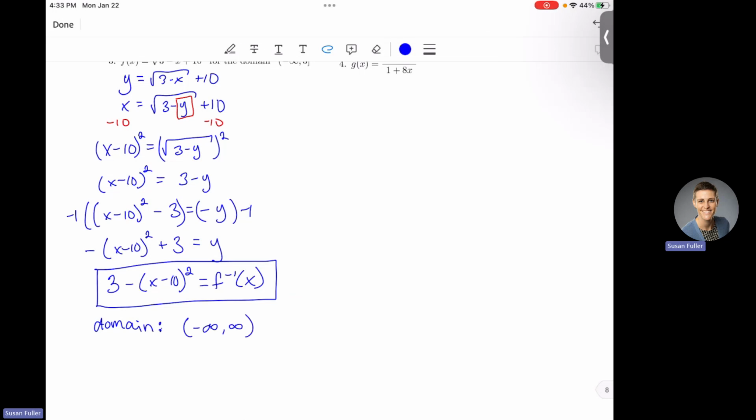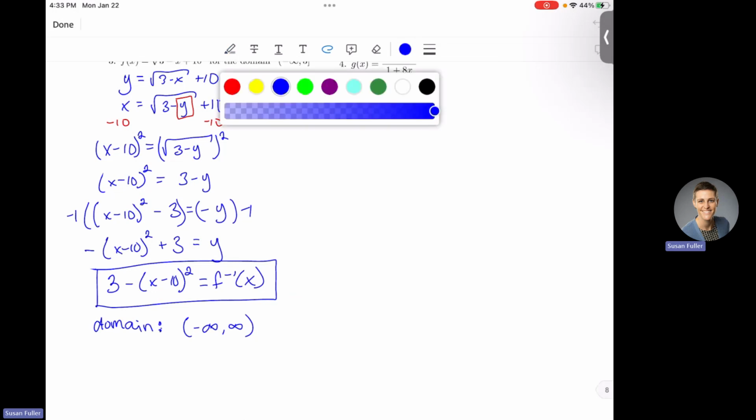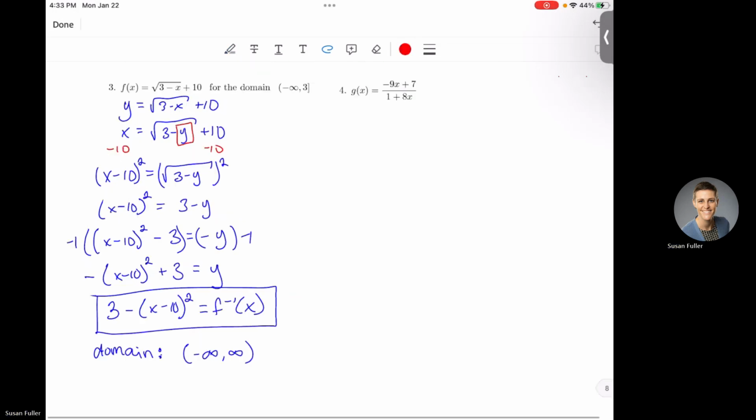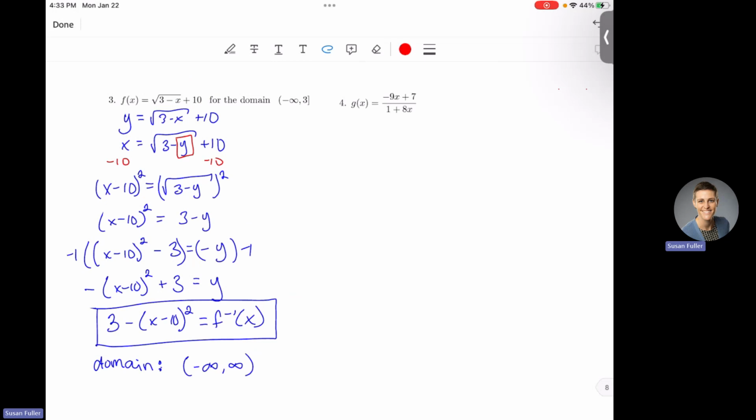Because if no domain rules apply, that means everything works. Now let's go ahead and check. This should match the range of my original, which is the square root of 3 minus x plus 10.